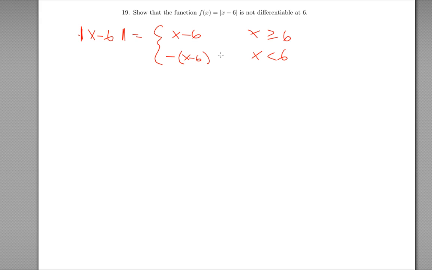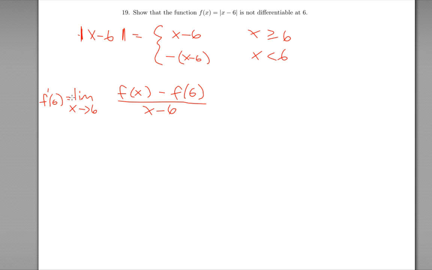Okay, so let's now take a look at this function. What is the derivative? By definition, we have the limit as x goes to 6, which is another version of the derivative. The derivative f prime at 6 would equal this.